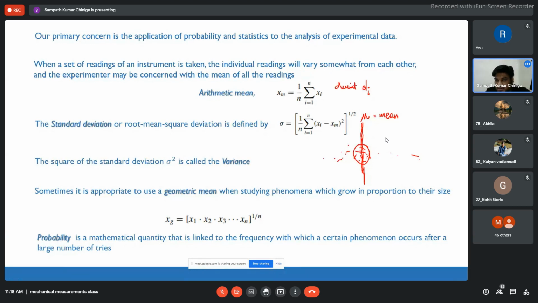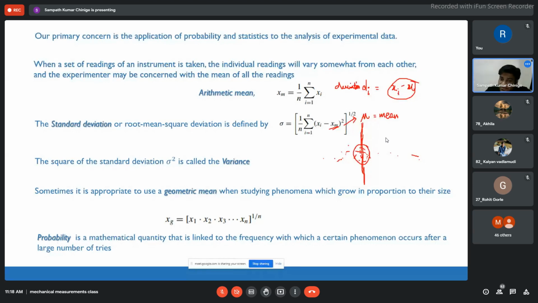The deviation is nothing but your xi minus xm or mu. Xm or mu, both are same in this expression. Clear? So this is the individual deviation or error.